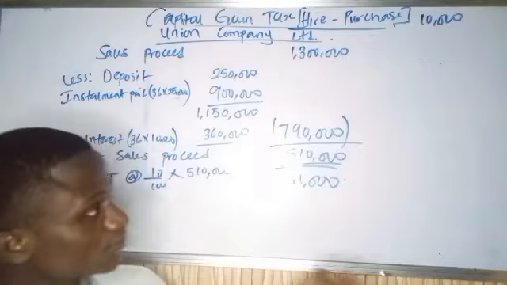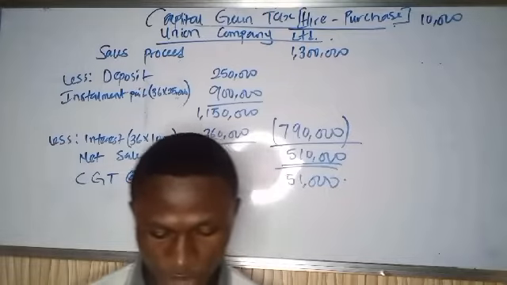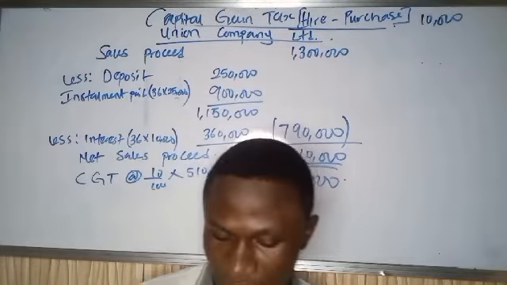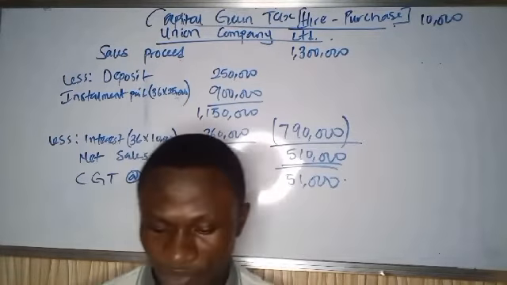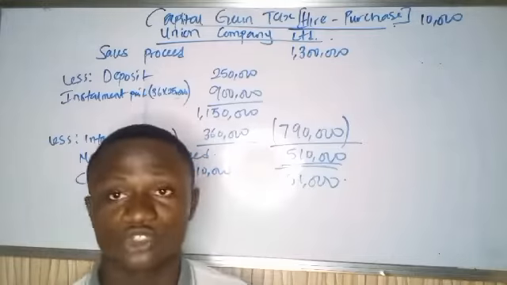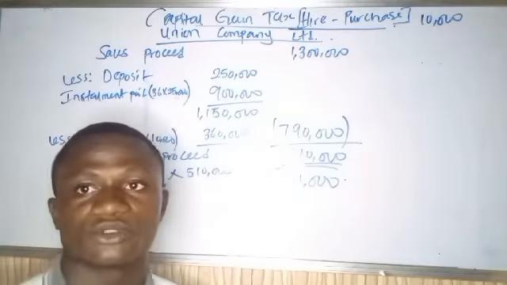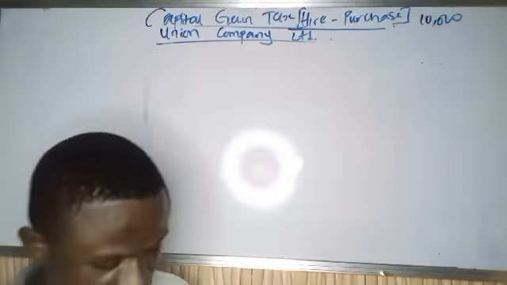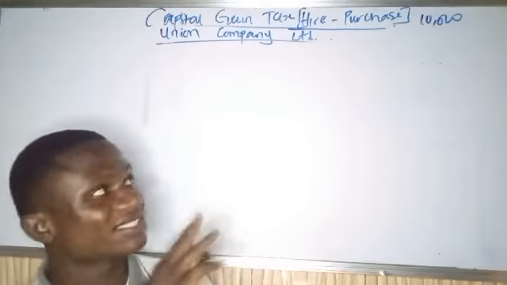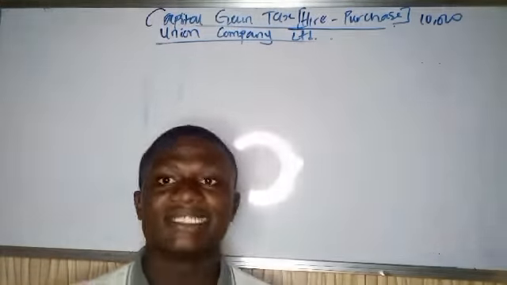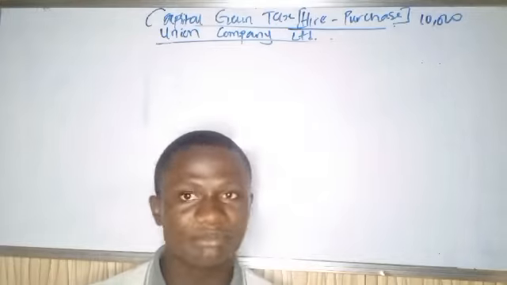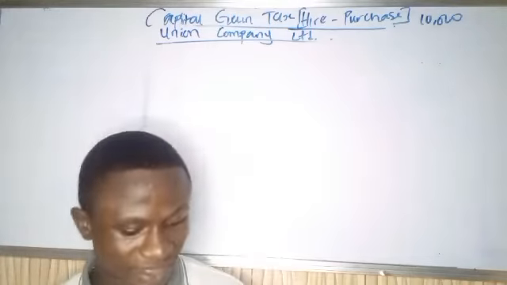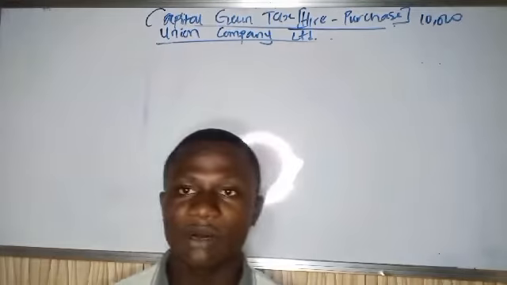Now let's move to the second requirement of the question, which says for 1.25 million after payment of 24 installments. Let's take that one together also. It's telling us that this man or this company has not completed the 36 months, and they are selling the asset for 1.25 million naira.